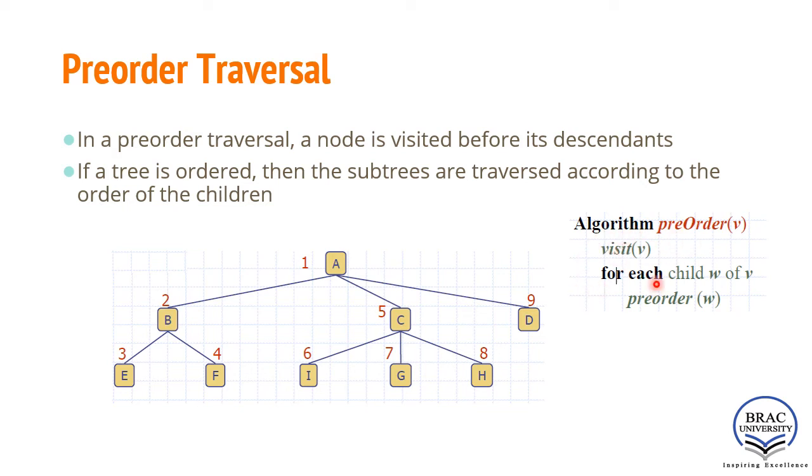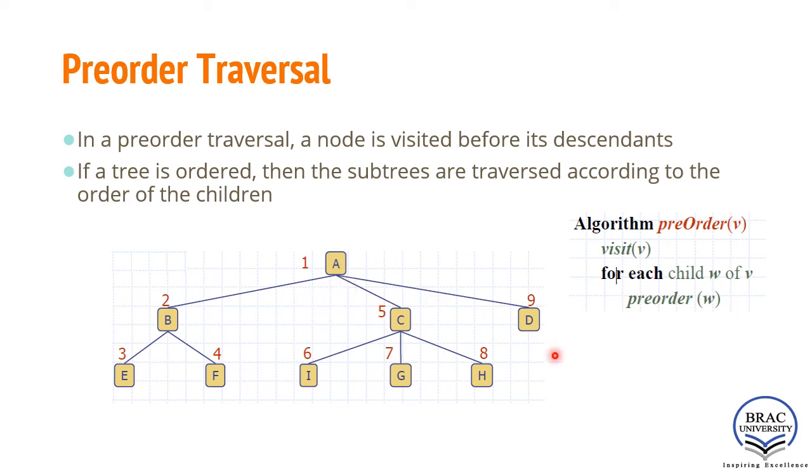After that, for each child W of V, you need to call the recursive method pre-order of W. That means the same method will be called in pre-order for the children of the root node. Here is an example tree.